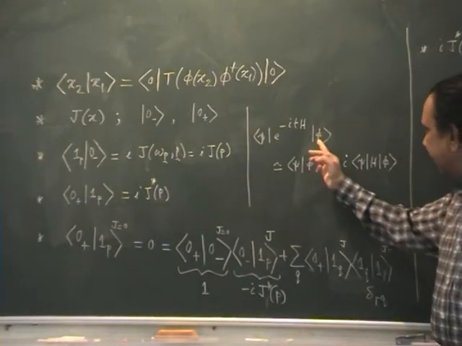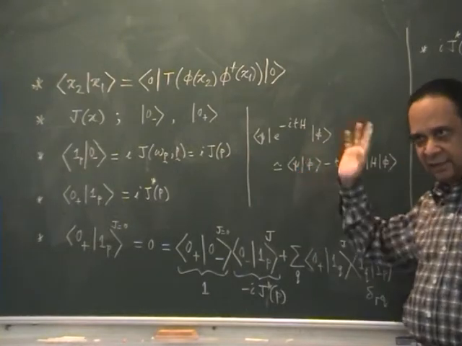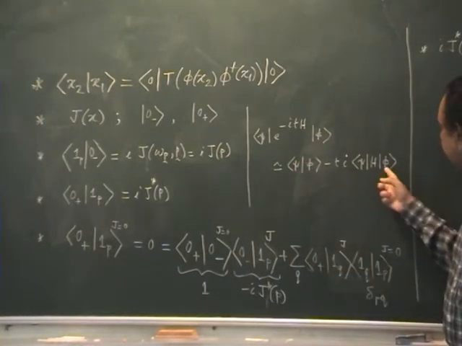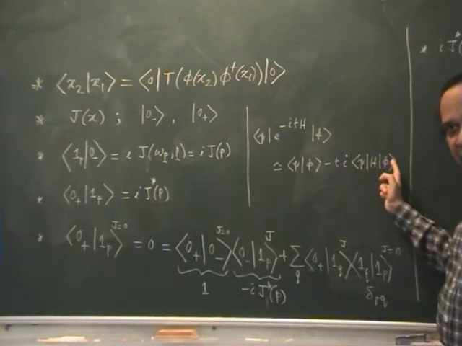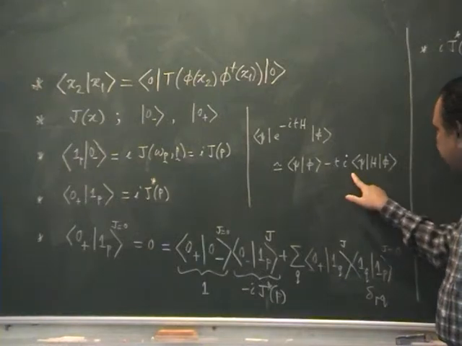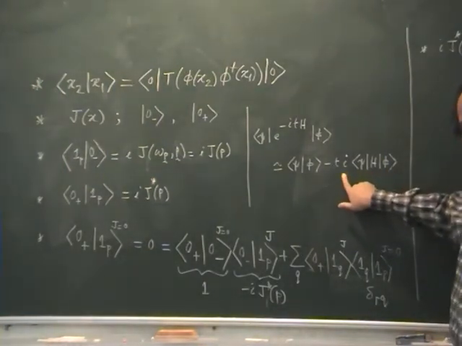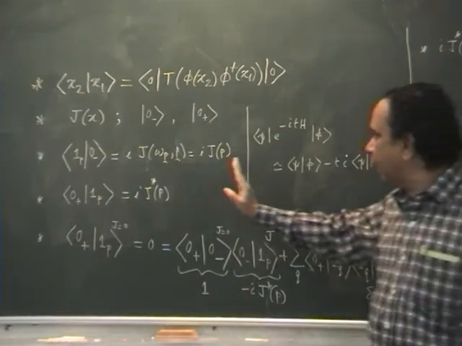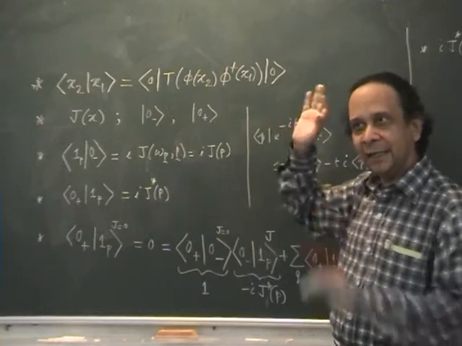Now if I interchange phi and psi, this will go to phi and psi, that we are not interested in. Here my phi and psi will go onto the two sides. H is Hermitian. Therefore, the new term is going to be the complex conjugate of this. But nothing will happen to this I. That is why I pulled out an I. Because that I comes from the e to the minus iH.